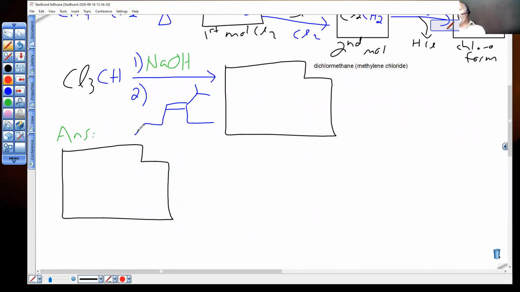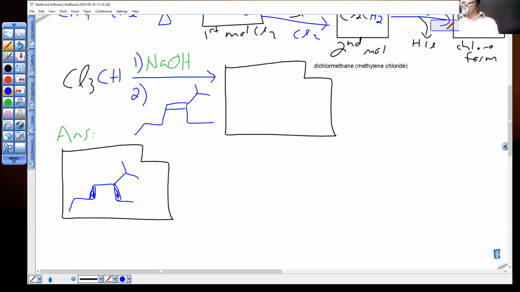And the propyl group here is cis to the ethyl and trans to the isopropyl. That better be the same in your product. However you want to show it is fine as long as it's clear. I'll show you my way. We can just go wedge for the groups that are on the same side and don't show anything else and you're fine.